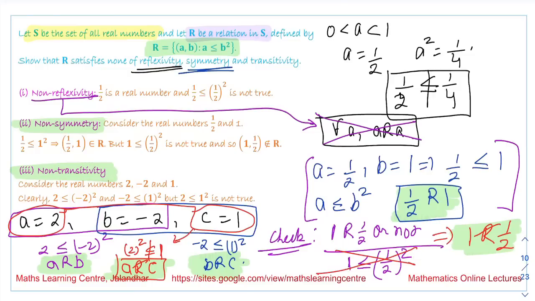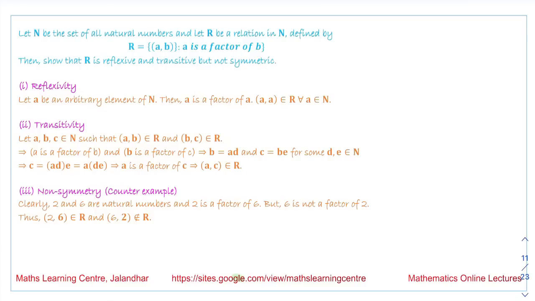Next, let N be the set of all natural numbers and R be a relation in N, defined like A and B are related if A is a factor of B. We have to prove that R is reflexive, transitive, but not symmetric. So N is the set of natural numbers.